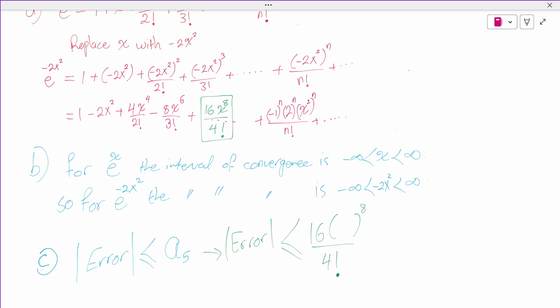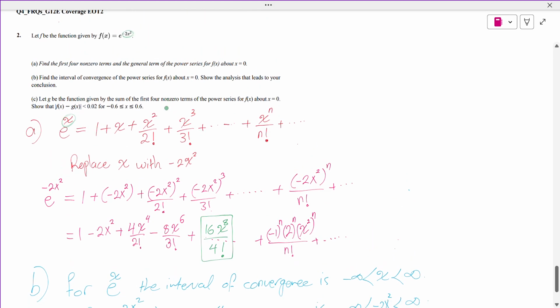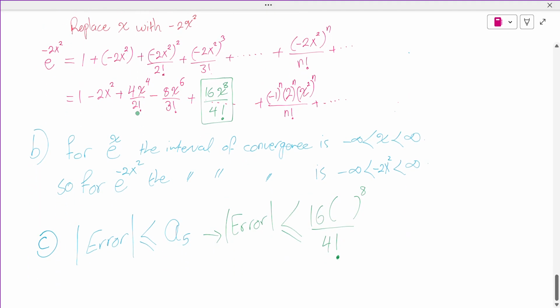But what is x here? We need to find the greatest x value in the given interval. What is the greatest x value in the given interval? 0.6. And this is equivalent to what? 0.011.